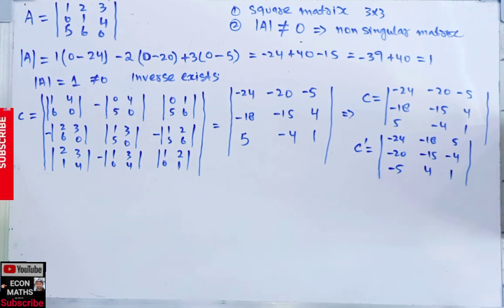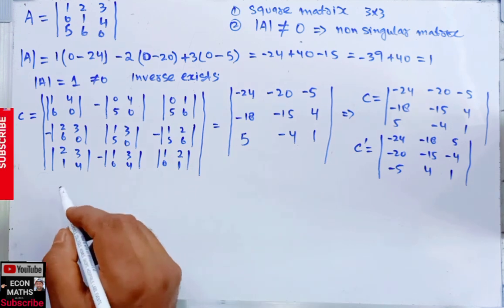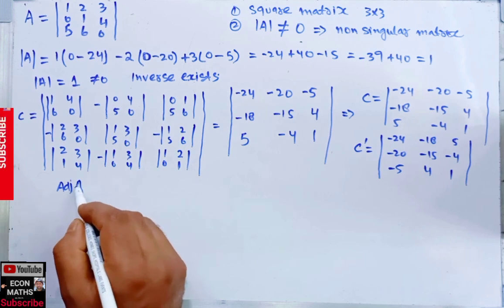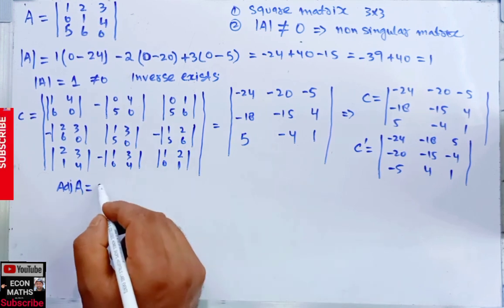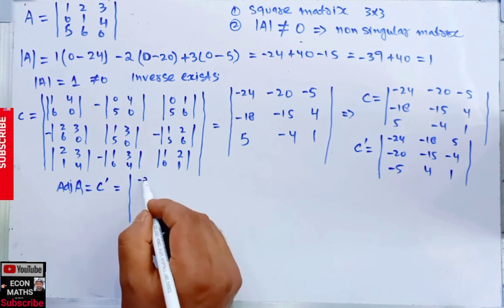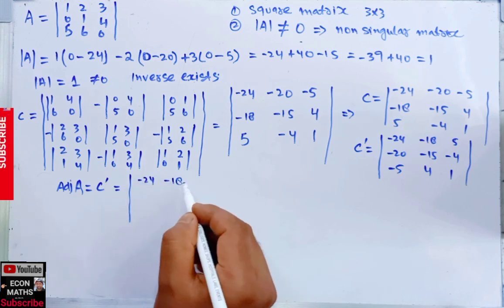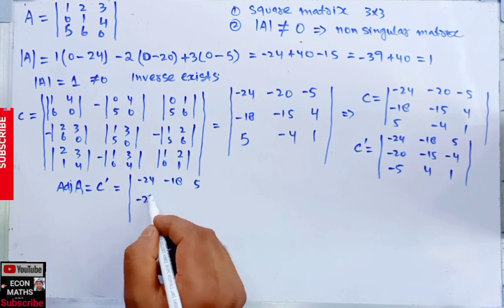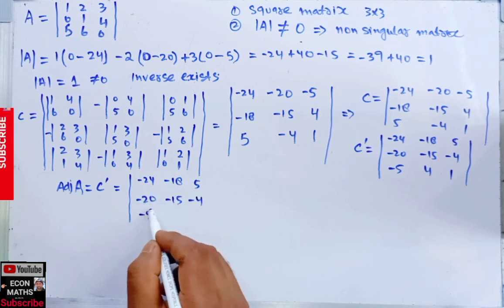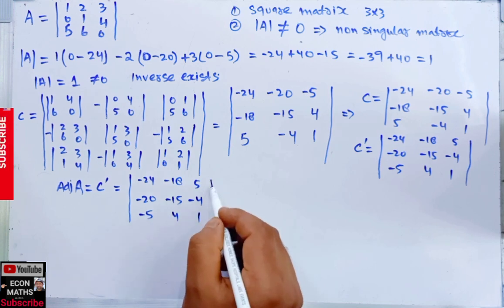So this is the transpose or the adjoint matrix. Now adjoint of A is equal to the transpose of C, which we got here: minus 24, minus 18, and 5, minus 20, minus 15, minus 4, minus 5, 4, and 1.